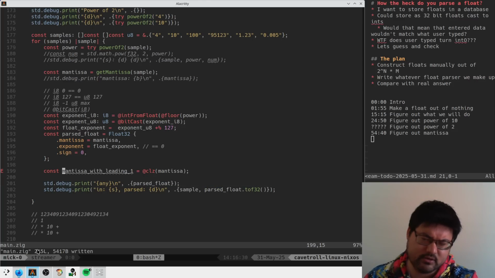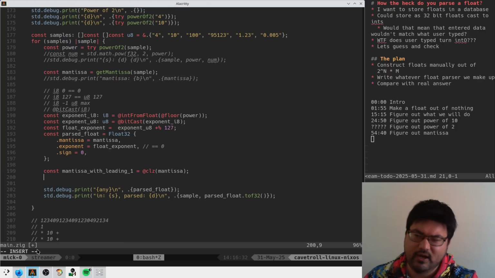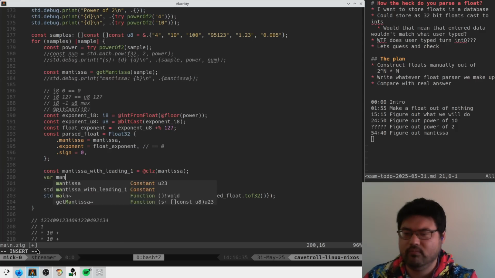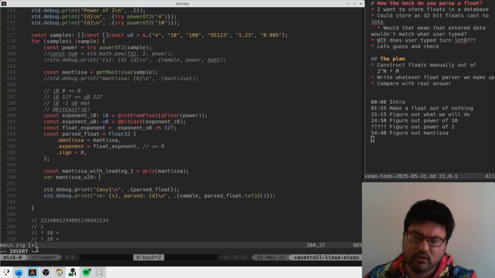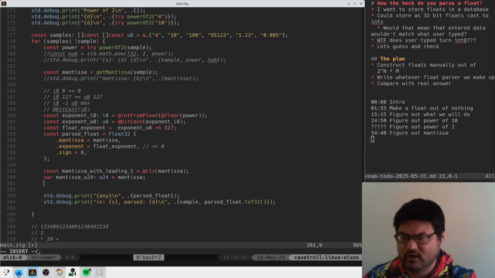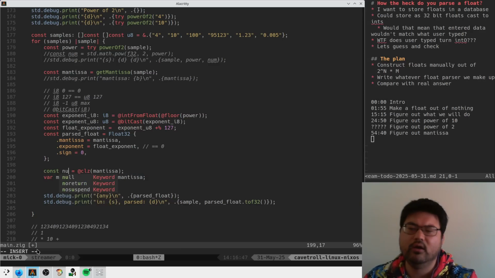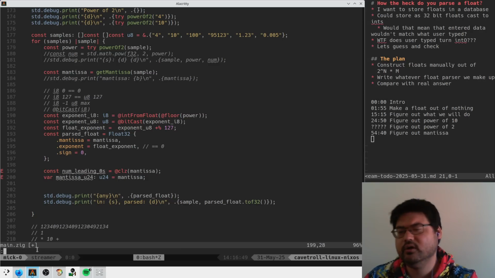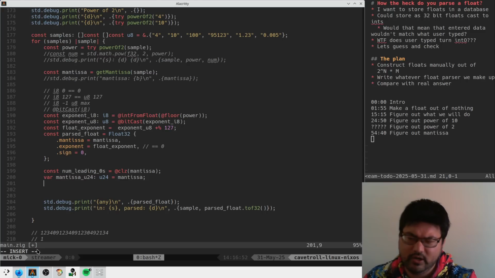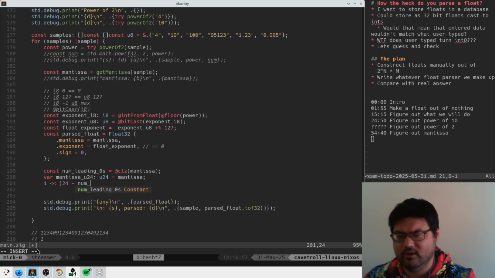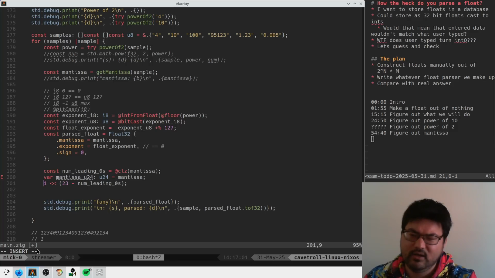So it's like count the leading zeros and then say like mantissa U24 is a mantissa. And then this is like num leading zeros. And we do want to do like 1 shifted left by like 24 minus num leading zeros. Probably 23 minus this. And then like mantissa U24 or equals that.